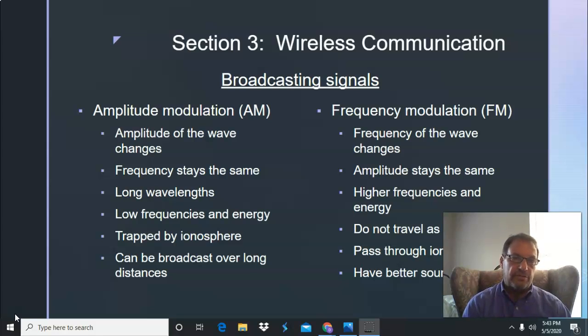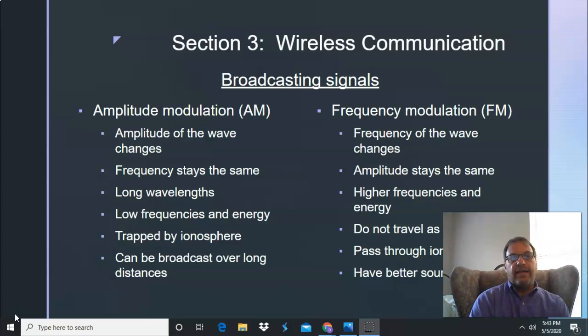It doesn't measure from the trough to the crest, but just from that resting point up. And then frequency is how often a wave passes a particular point within a given amount of time. And we remember that they are actually measured in hertz. And the hertz is how many times the wave passes in 1 second.